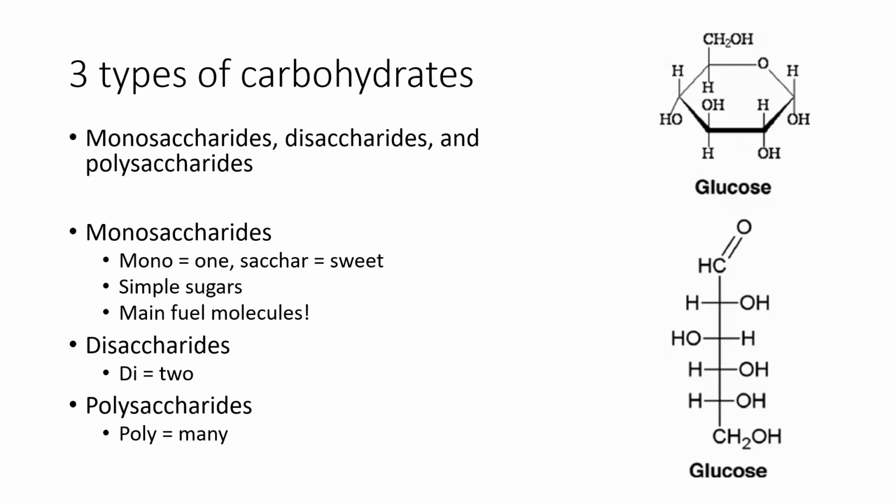Now, monosaccharides are the main fuel molecule for living organisms. Up here, I've put glucose both in its chain and its ring structure because glucose is required for cellular respiration. It's produced in photosynthesis. It's a really common monomer. It's also the main fuel molecule.